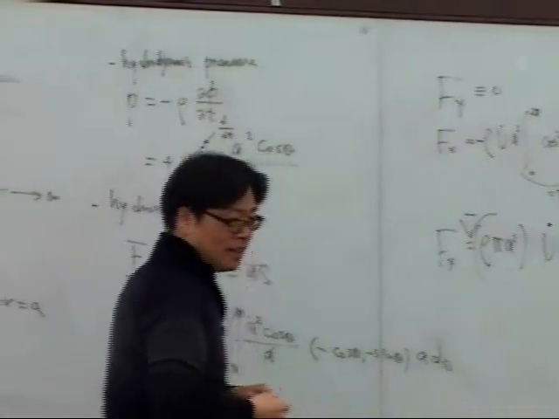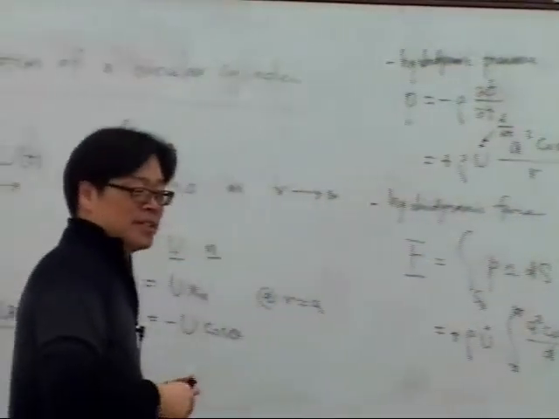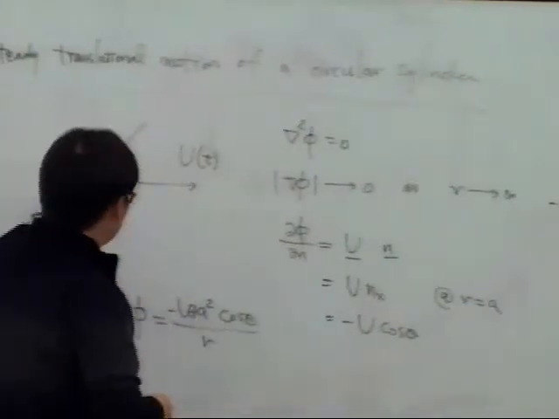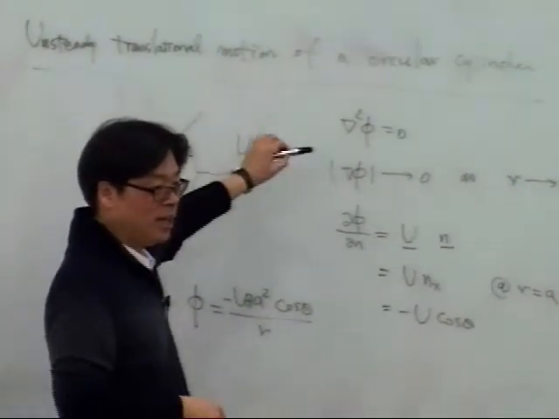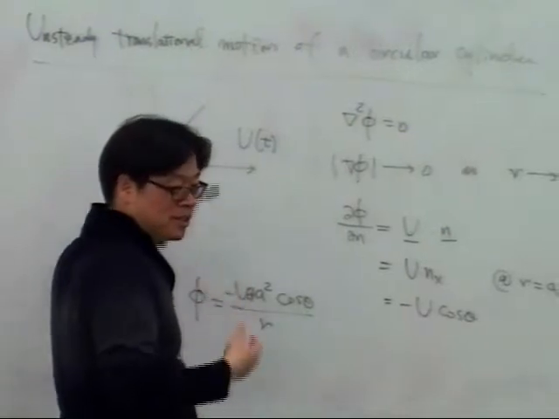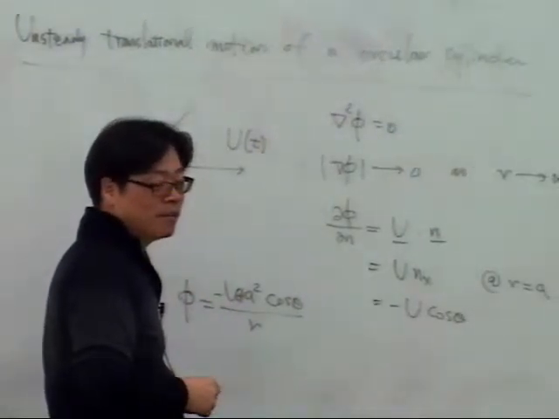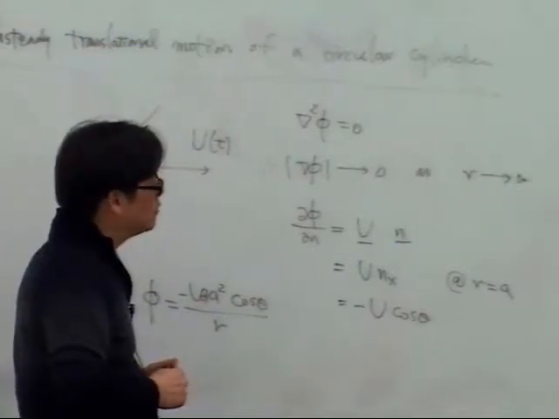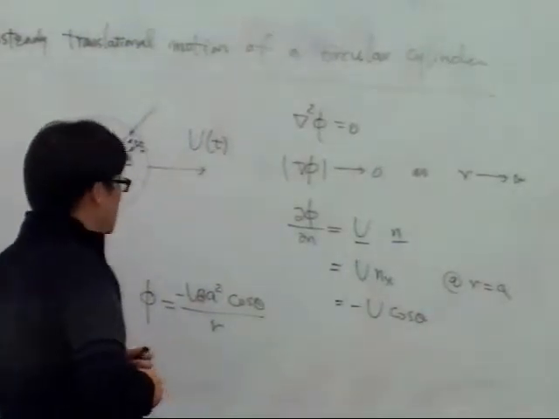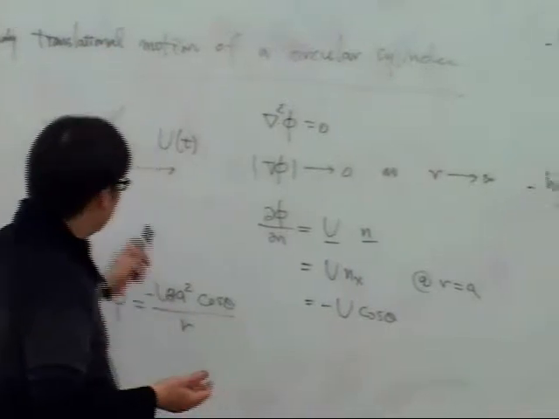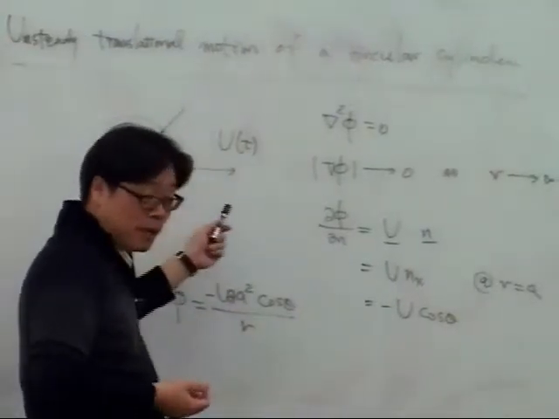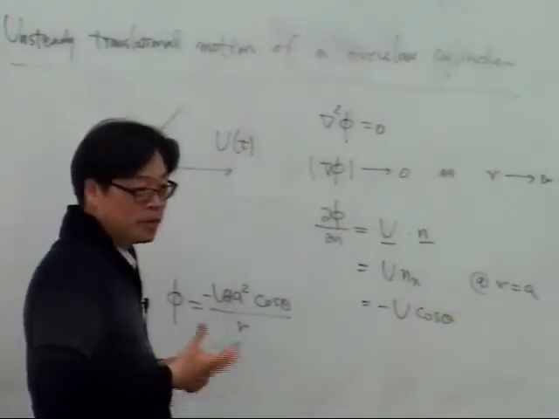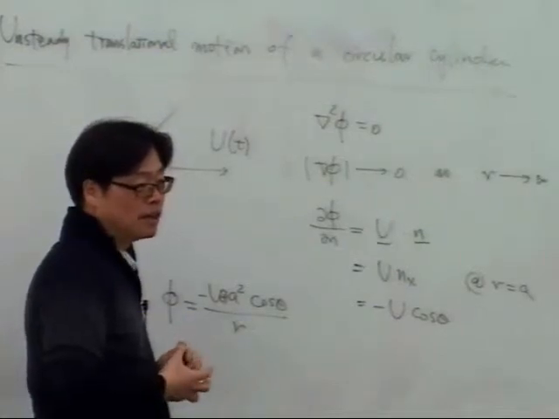Then it physically makes sense when you're trying to move this guy this way, and this cylinder experiences a hydrodynamic force. We learned that if this guy is moving with a constant speed, then this body doesn't experience any force in an inviscid case, right?